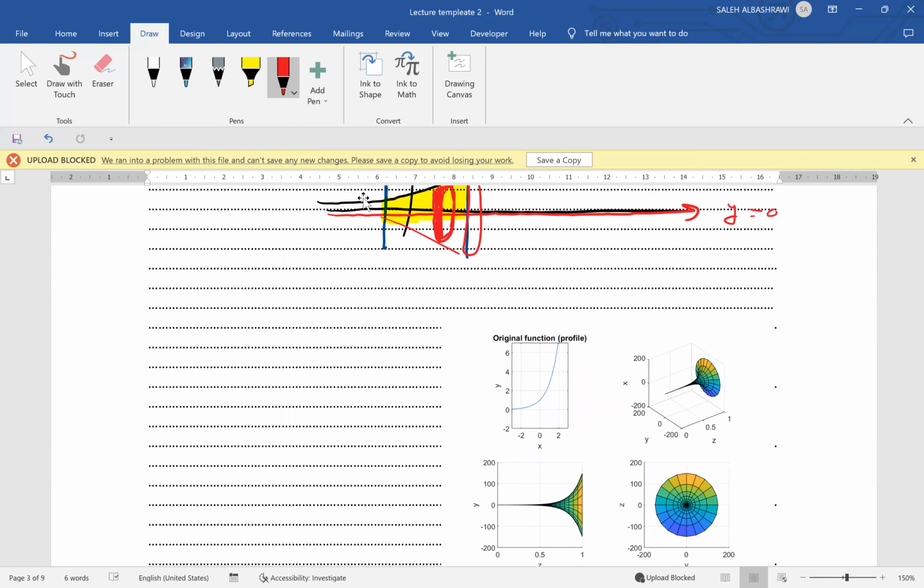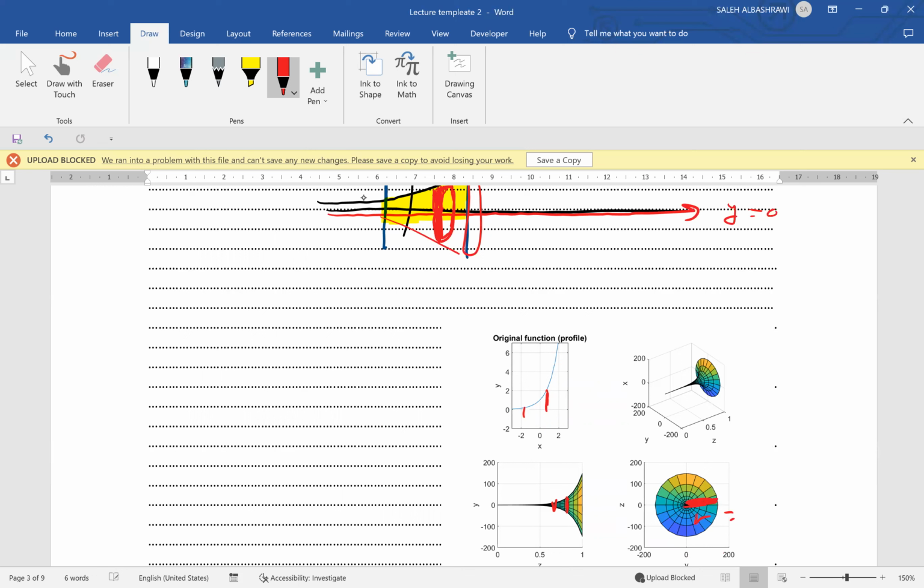This is for the whole graph. If we are just thinking about -1 and 1, you have to cut this part, because this goes from minus infinity to plus infinity. I need just a small part of this one. And this will give me the cross-sectional area.